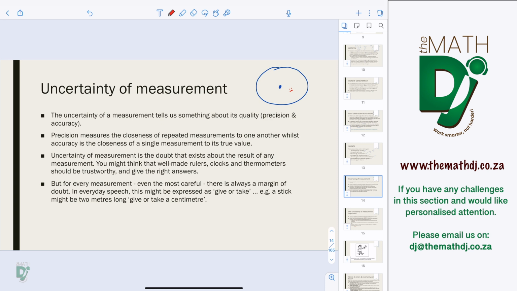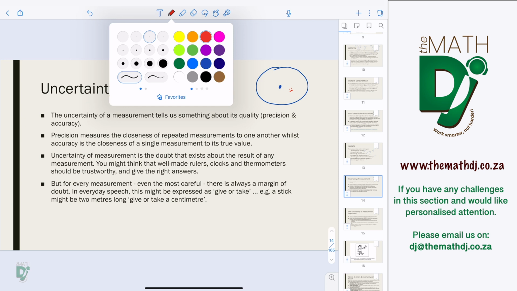So you are precise, but not accurate, because your darts are close to each other, but far away from the target.